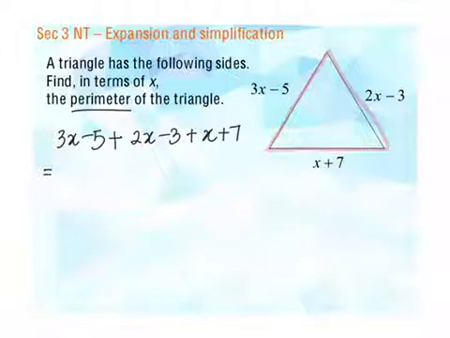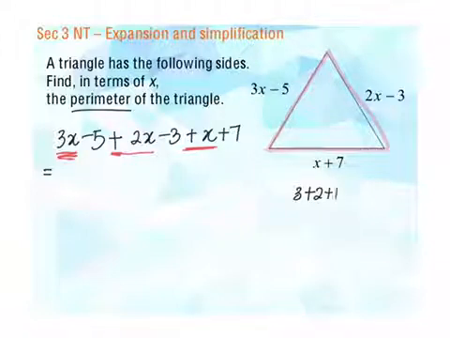We will have 3x together with positive 2x together with positive x. So that will be 3 units plus 2 units plus 1 unit of x. And this gives me 6 units of x, which is 6x.